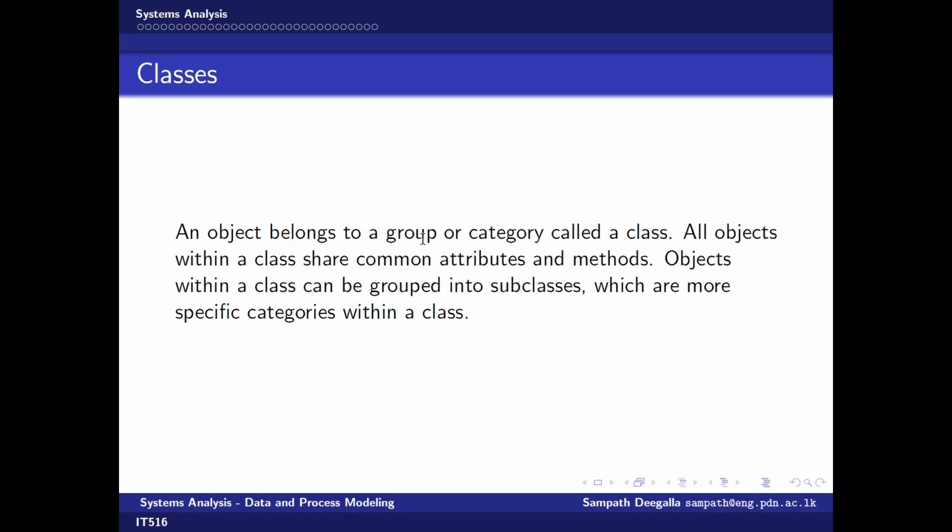And then objects within a class can be grouped into subclasses. So that means you can go into more detail. It's something like saying, let's say a person, and then we can specialize it into subclasses like teacher, and then student, and so on.